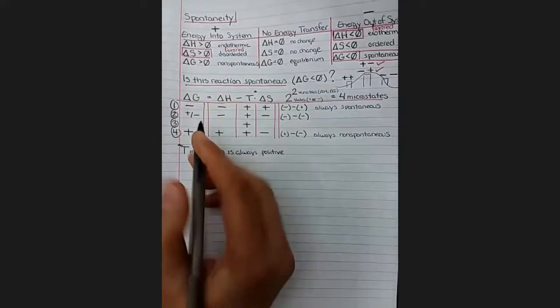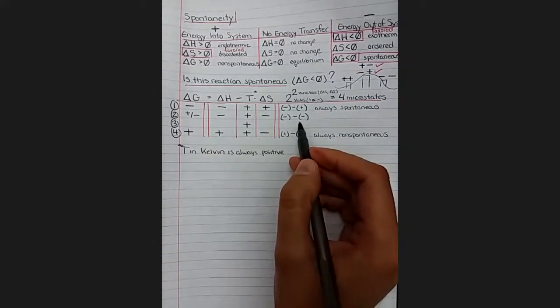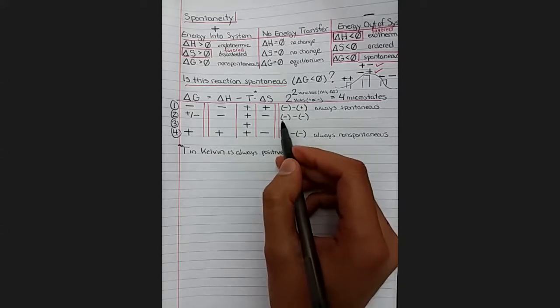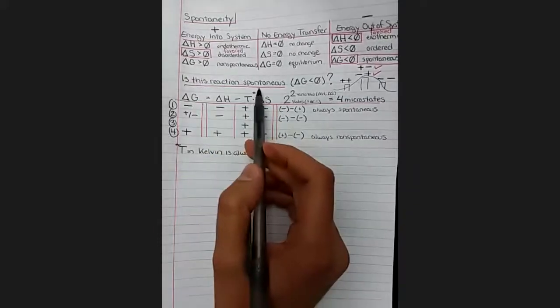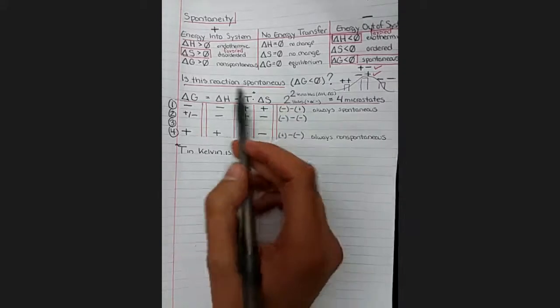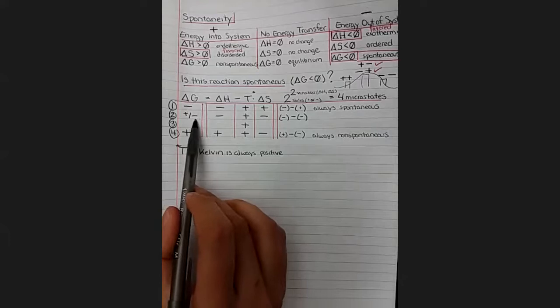We could have a positive or a negative delta G depending on how big these numbers are, right? If this number is bigger, then we're going to have a negative number. And if this number is bigger, we're going to have a positive number. So what we really want is we really want the reaction to be spontaneous. So what kind of conditions could we do? How can we change this variable and influence it towards that negative?